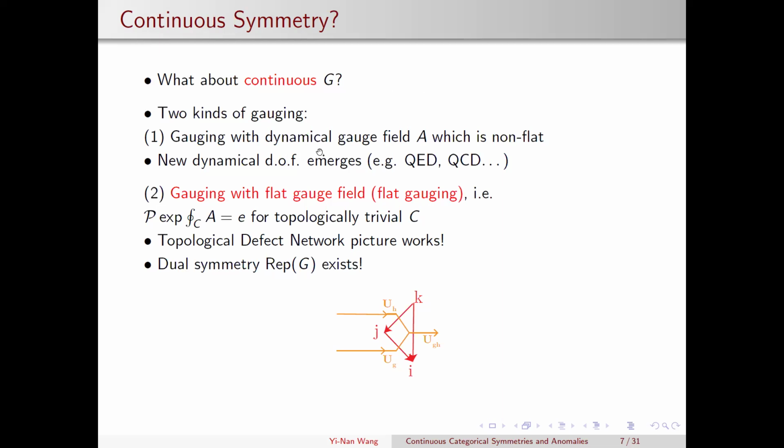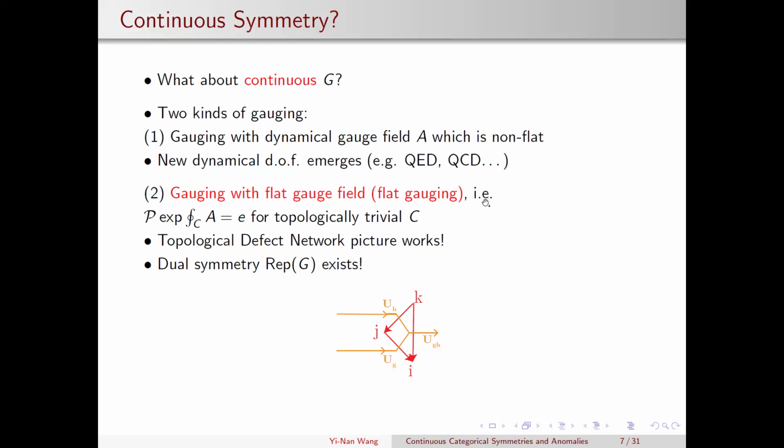The first one is the usual type of gauging, like how we achieve QED or QCD by gauging a global symmetry in a free system. In this case, we are gauging with a dynamical gauge field with non-trivial dynamical degrees of freedom, which is also non-flat. After the gauging, there will be rich new local dynamics associated to either the photon or the gluon, and the whole theory is completely different.